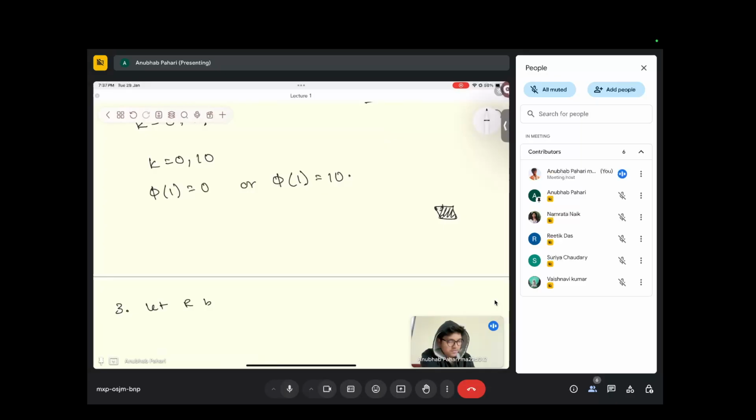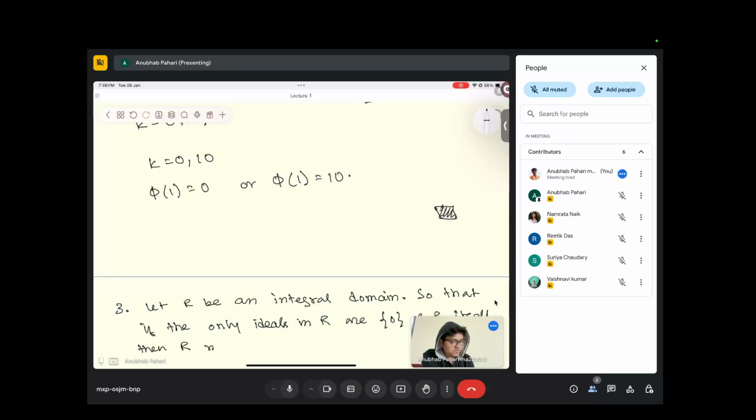Let R be an integral domain. If the only ideals in R are 0 and R itself, then R must be a field.